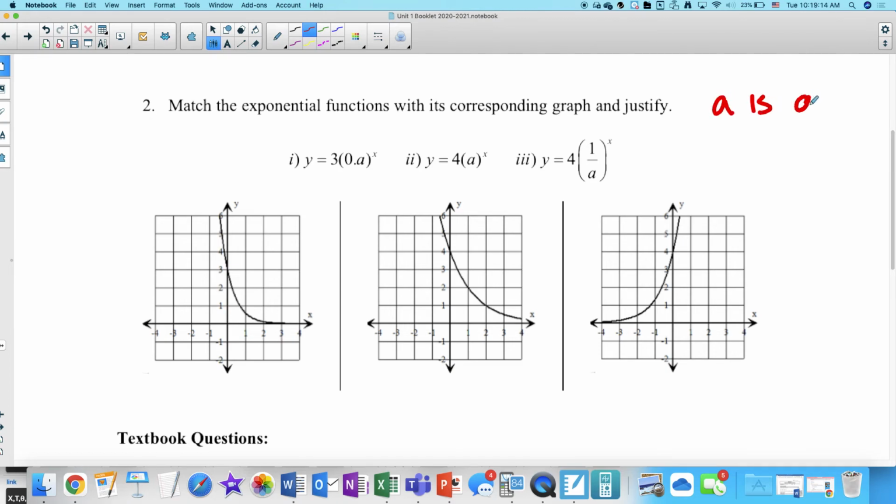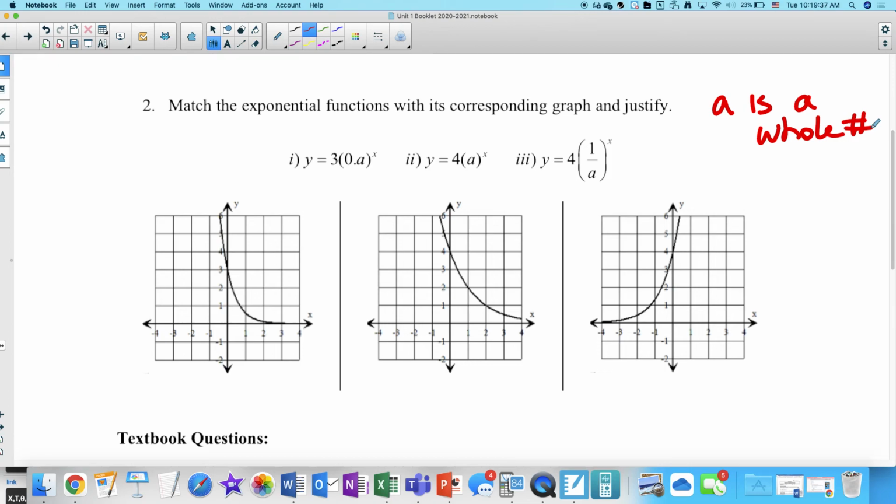So a whole number is like 2, 3, 4, 5, 6, whatever. Okay? Okay, so let's see if we can do this. So we've got y equals 3 times 0.a to the x, y equals 4 times a to the x, and y equals 4 times 1 over a to the x.